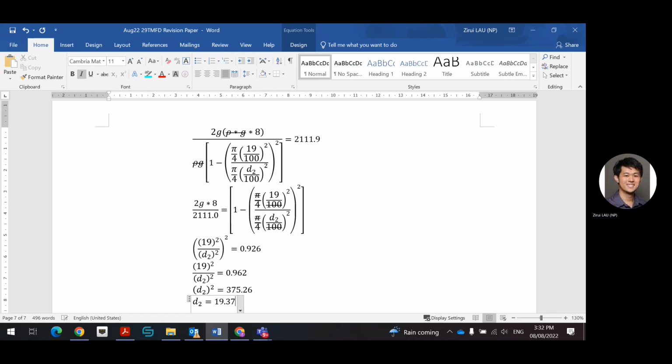19.37. Correct or not? Doesn't look correct, the answer. Square root of 18.66. Okay, no link.